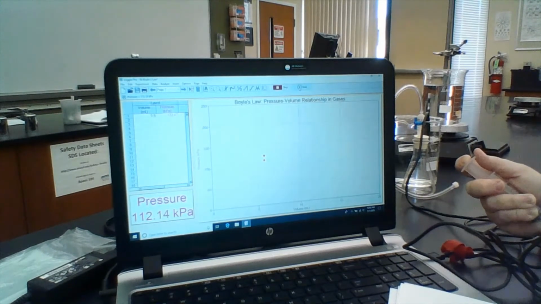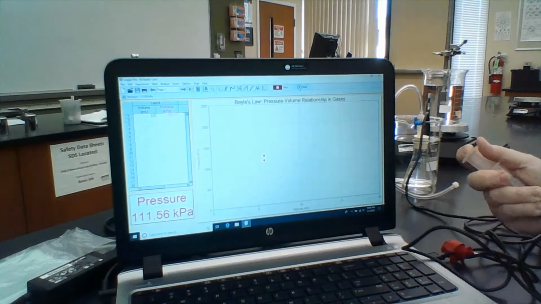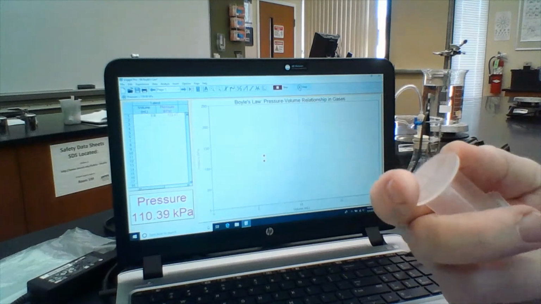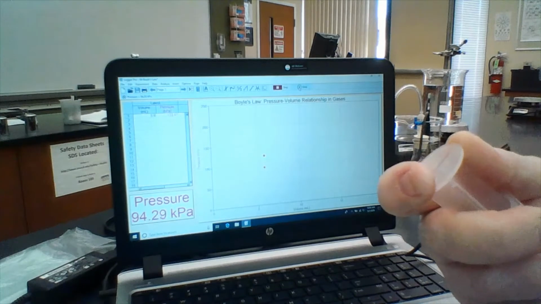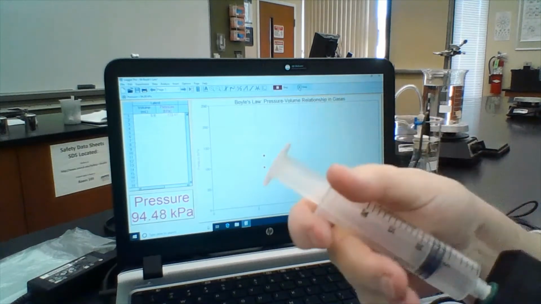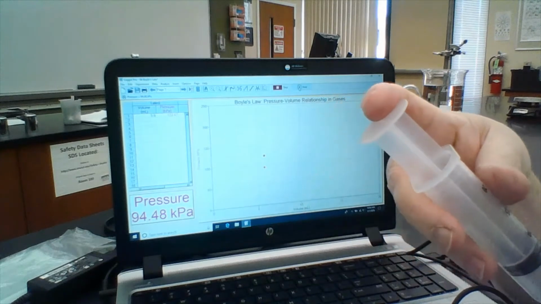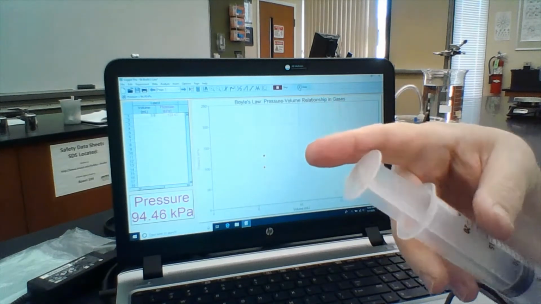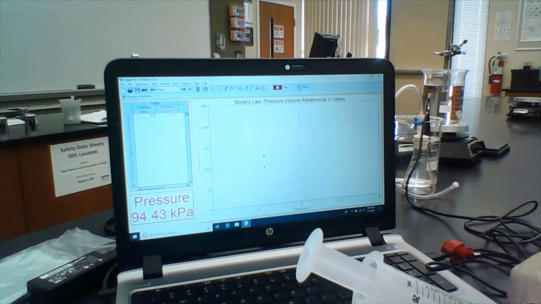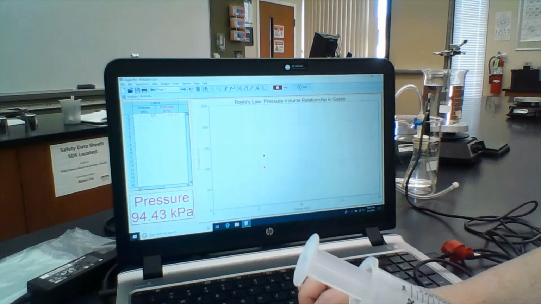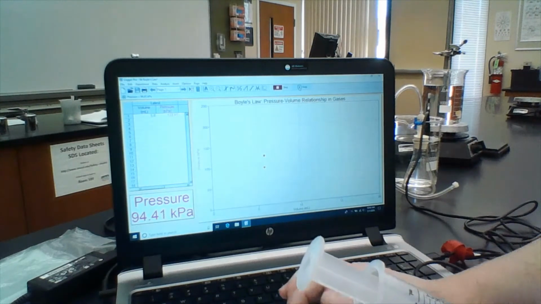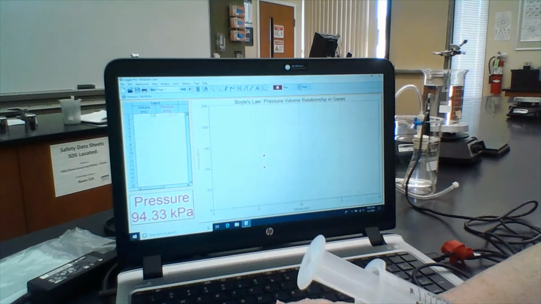Okay. So the next volume we're going to check is 7 milliliters. Now please notice I'm not detaching this at any time, so we have the same amount of gas in the syringe.